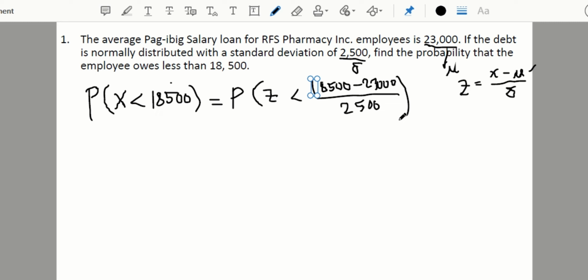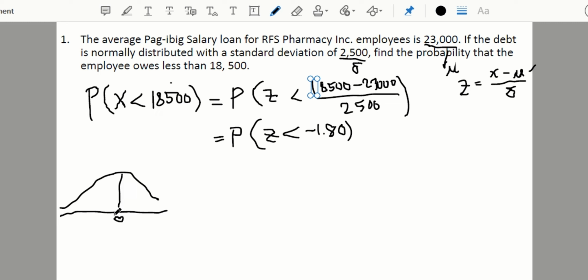So you may use your calculator in solving this one. So we have negative 1.8. So this is therefore z less than negative 1.80.